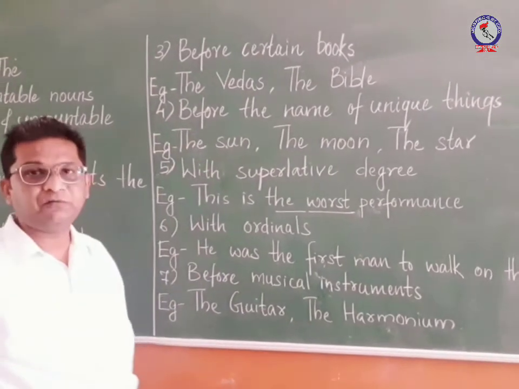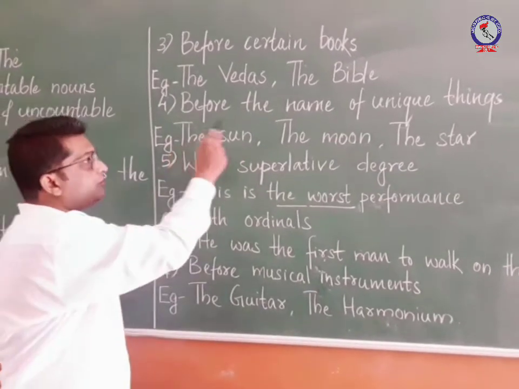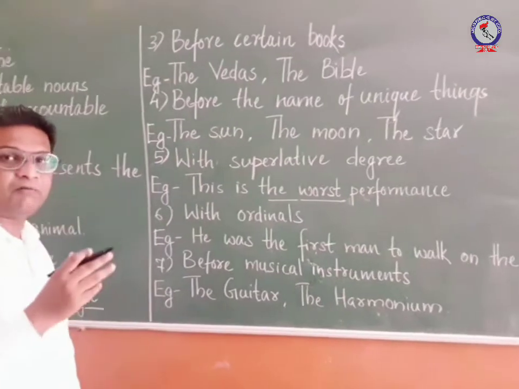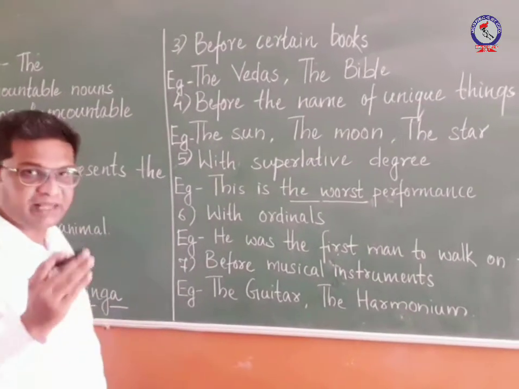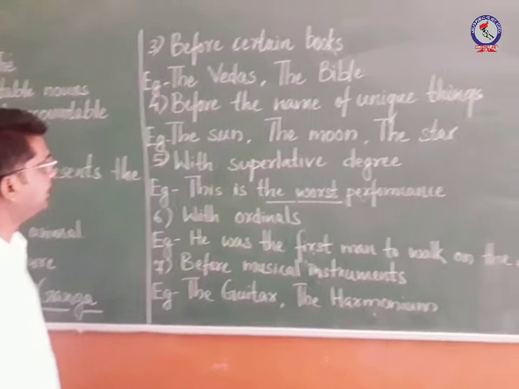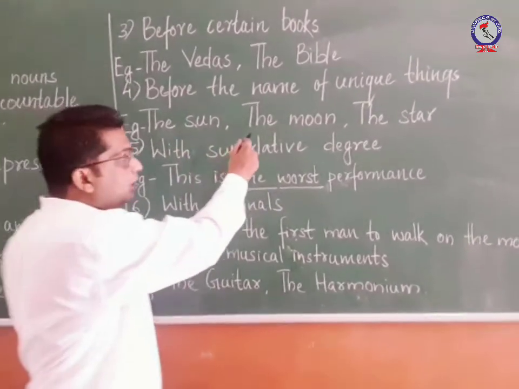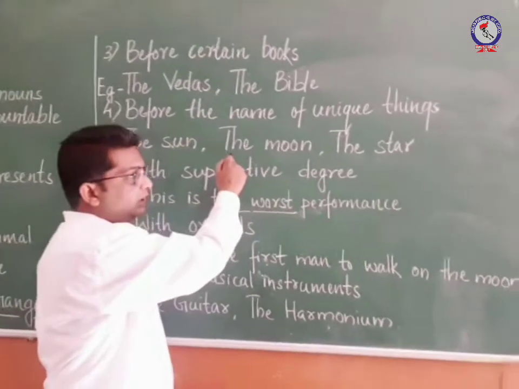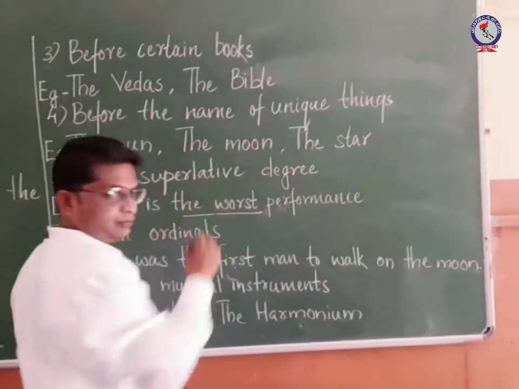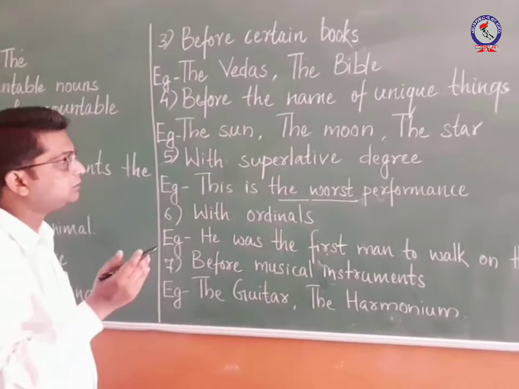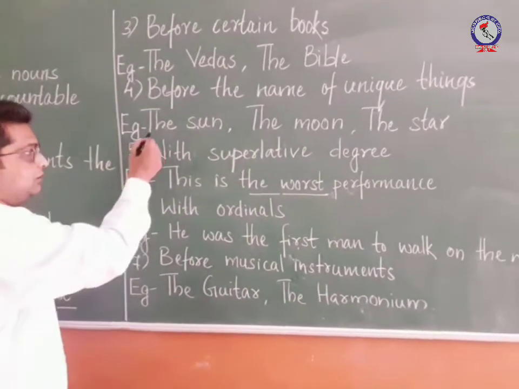Now condition number 4, before the name of unique things we will place the. Let us see the example, the sun, the moon, the stars. These are unique things. So before them we will place the.